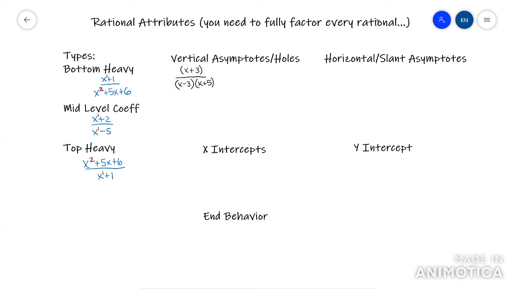So like this particular rational function would have vertical asymptotes at x equals 3, and I'm actually going to change this to a square, and x equals -5. So that would look something like this.